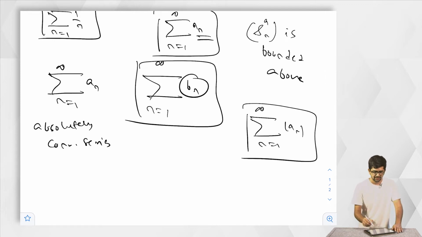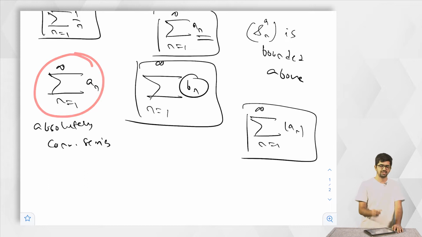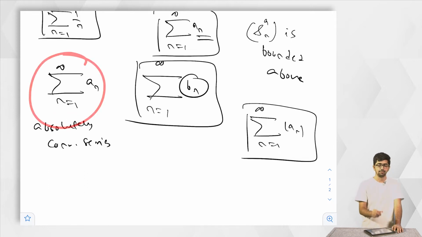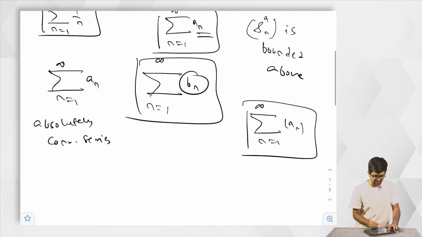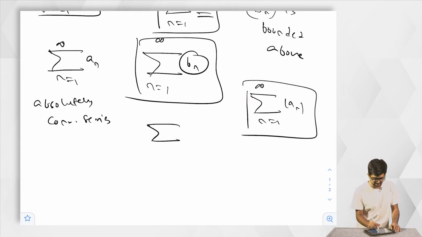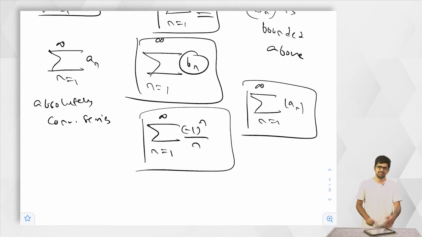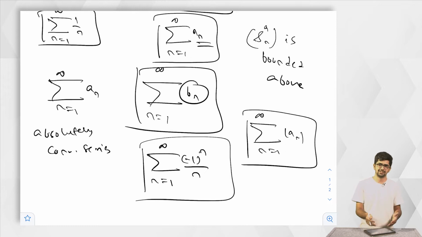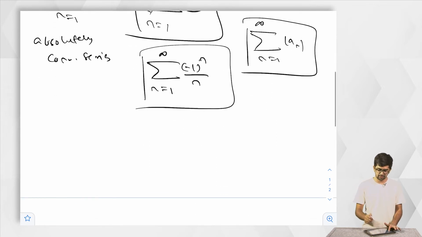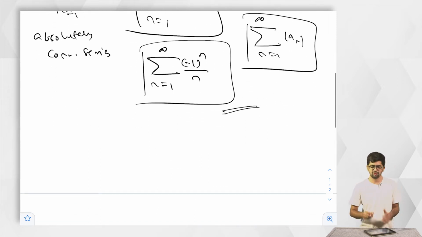A series which is convergent, but for which the mod series is not convergent, is called a conditionally convergent series. We said that the series summation minus 1 power n by n is conditionally convergent. All this we have seen, and I have mentioned some other results also. Before proceeding to more results, let us do one more example.